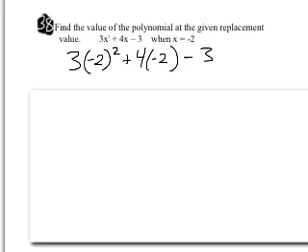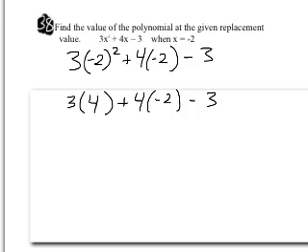So now all we do is use our order of operations. So negative 2 to the 2nd power is 4. So we've got 3 times 4 plus 4 times negative 2 minus 3. 3 times 4 is 12 plus negative 8 minus 3.